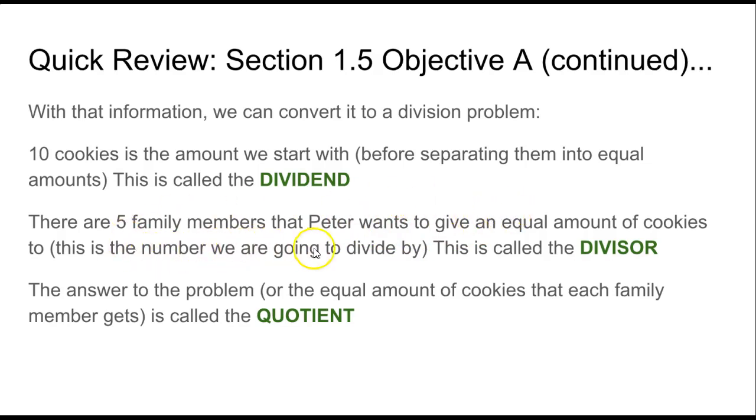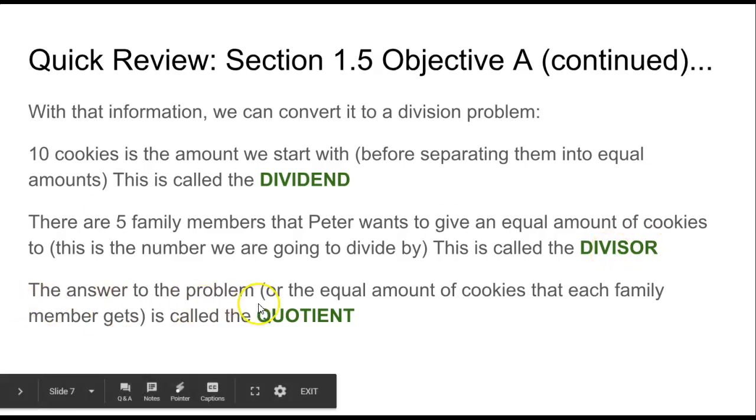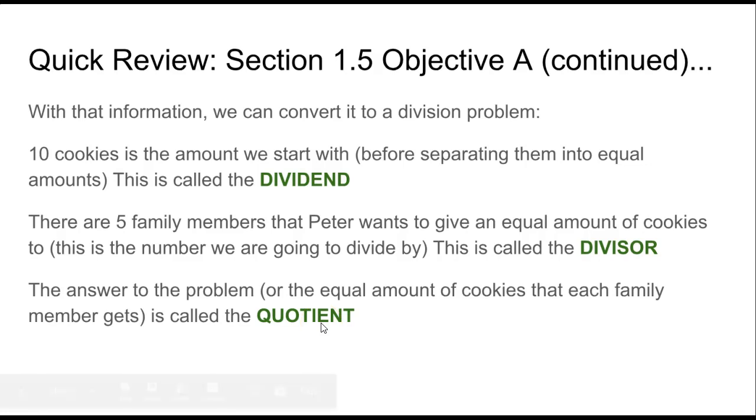This is the number we are going to divide by, so this is called the divisor. Since the 5 family members is the number that we want to separate the 10 cookies into, 5 equal parts, the 5 would be the divisor. And then of course the answer to the problem, or the equal amount of cookies that each family member gets, would be called the quotient, or the answer to the division problem.